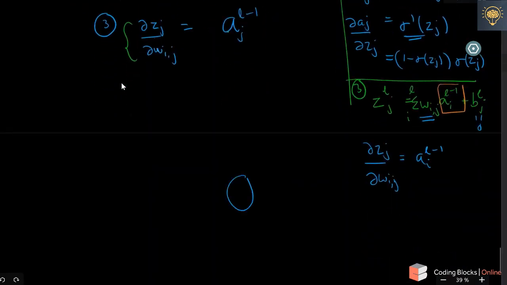If you have a neuron j, and it is getting some activation from, sorry, this would be your i, the ith activation from the previous layer.